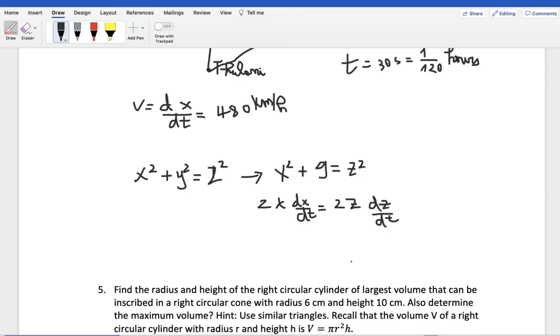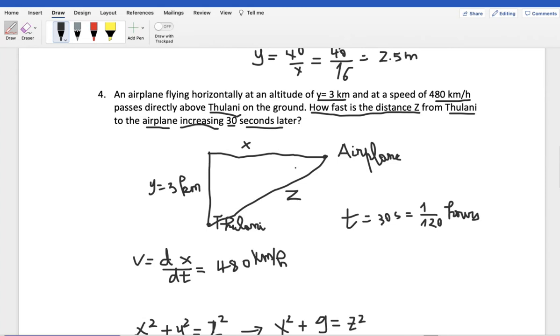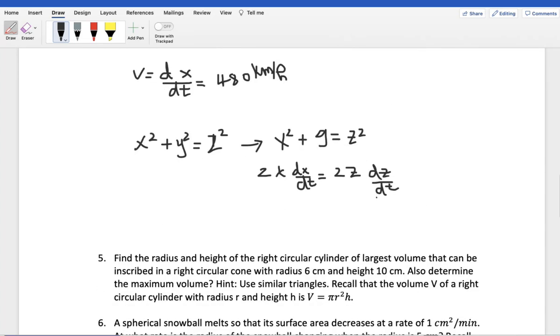Right? So now that we have that, what we're looking for is dz dt, the change of z 30 seconds later. So we're looking for dz dt. Expressing this in terms of dz dt, we have that dz dt is equal to x over z, right?